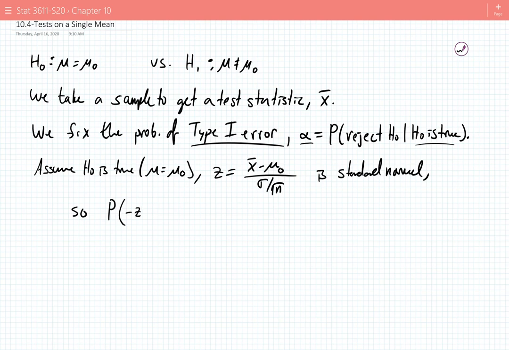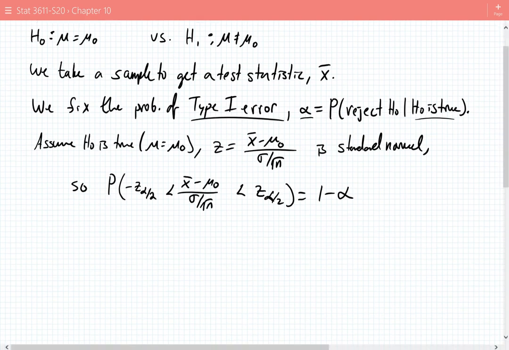The probability that my z value is between negative z of alpha over 2 and positive z of alpha over 2, where z is x bar minus mu 0 over sigma over the square root of n, is 1 minus alpha.